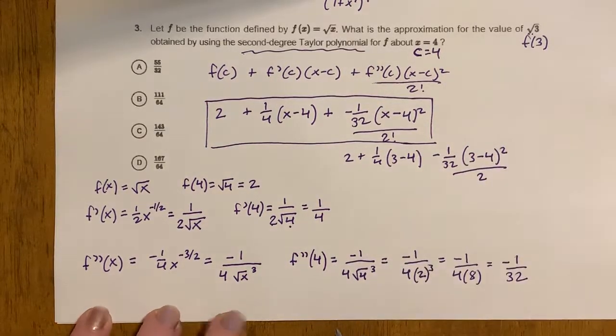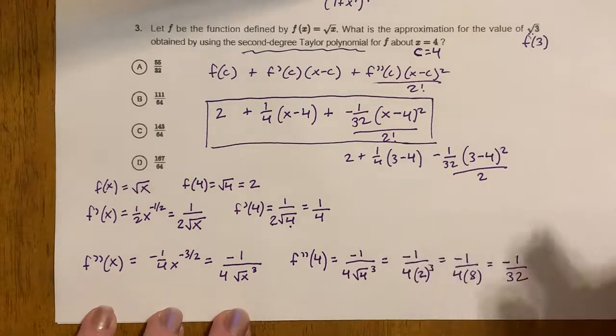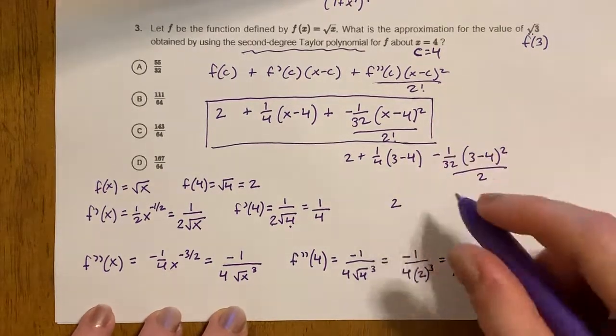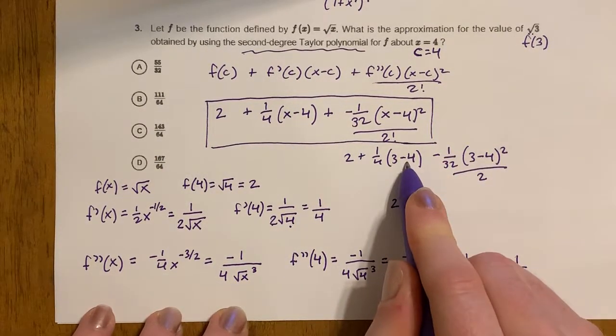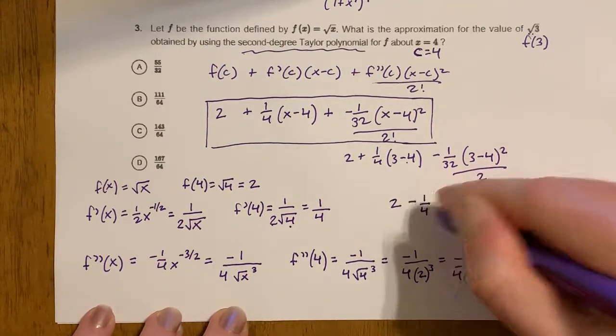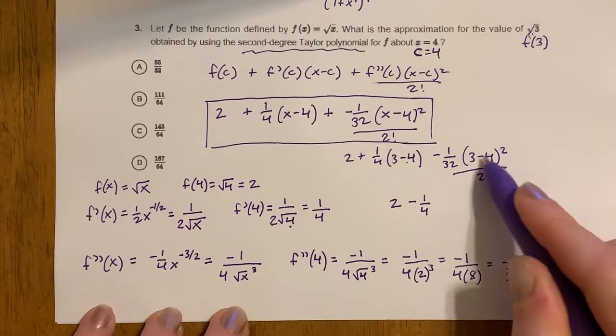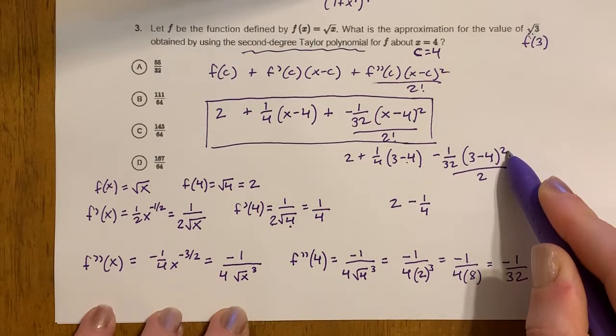I'm pretty sure this is a no calculator question, so we'll just keep going by hand here. 3 minus 4 is negative 1, so this is 2 minus 1/4. And then, okay, 3 minus 4, negative 1 squared is just positive 1.